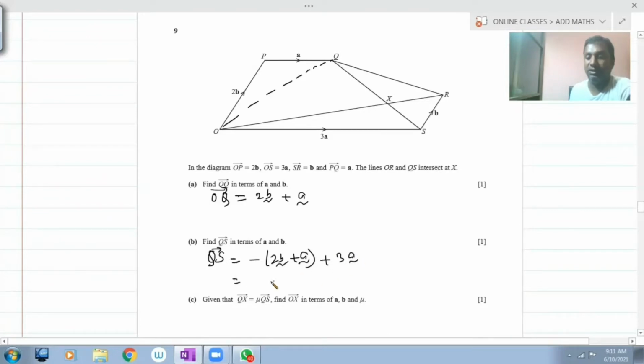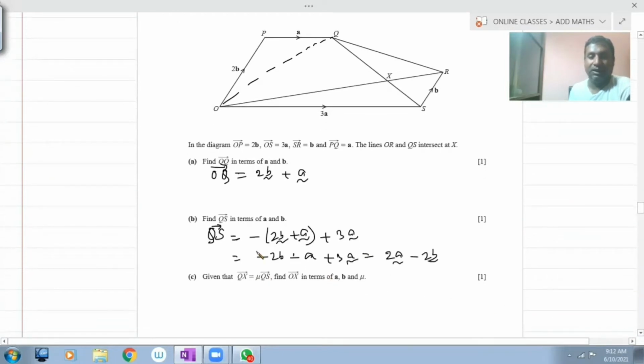Now let us simplify this. Minus 2b minus a plus 3a, so it becomes 2a minus 2b. See, that's 1 mark. It is not necessary to write more information here.